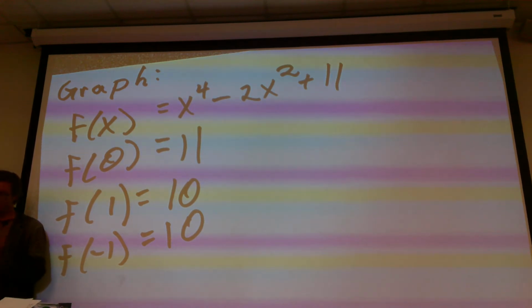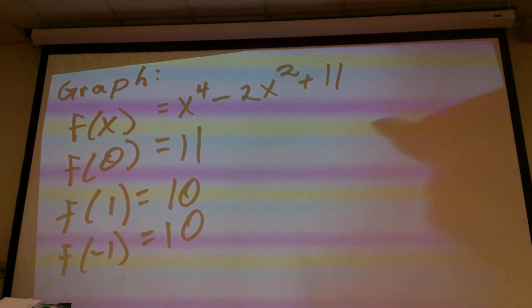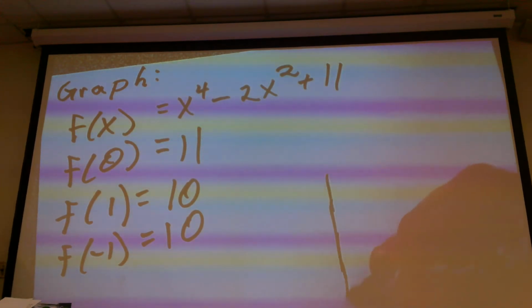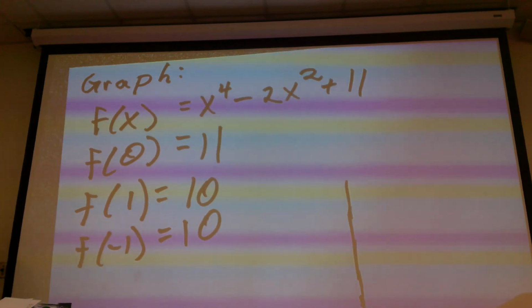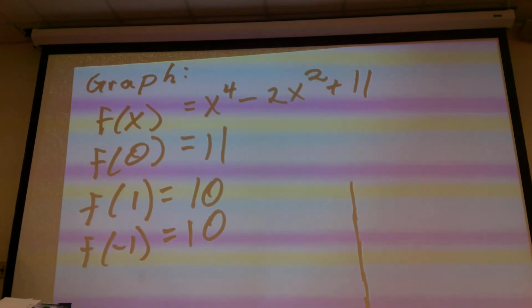Right? So, when graphing this thing, let's call this point 11, we'll call this point 10.